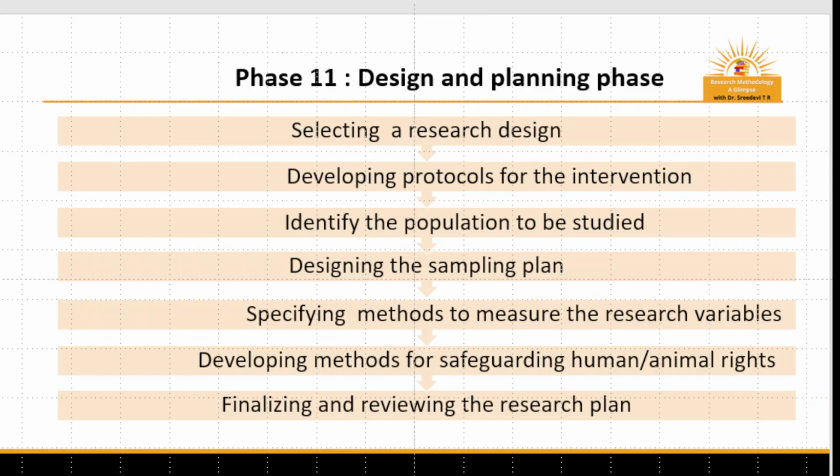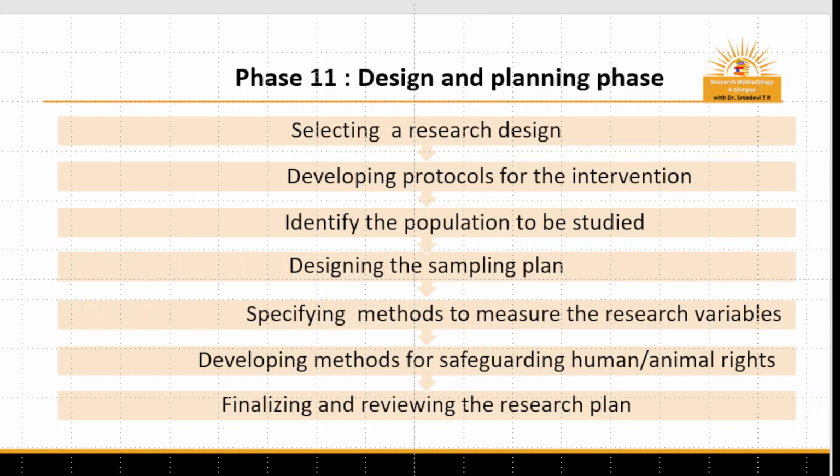The different steps coming under the design and planning phase are selecting a research design, developing protocols for the intervention, identifying the population to be studied, designing the sampling plan, specifying methods to measure the research variables, developing methods for safeguarding human or animal rights, finalizing and reviewing the research plan. I will discuss these one by one.